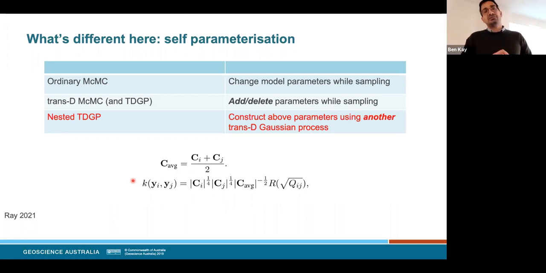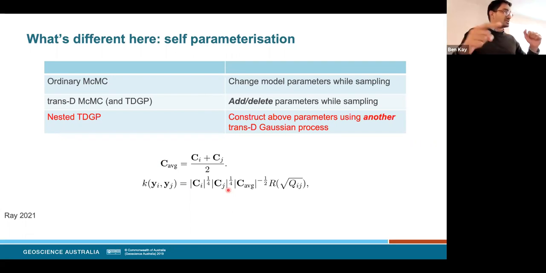So what we can do differently is we can use nested trans-dimensional Gaussian processes. And I swear, this is the last slide of equations. What you do now is that at every location in the Earth, you assign a length scale. And so then the kernel function, which I was using earlier for kriging, is now no longer stationary.